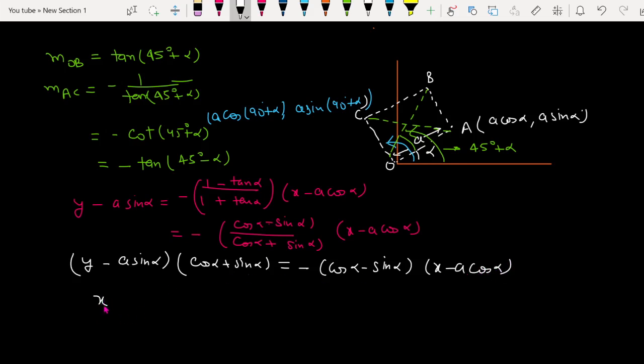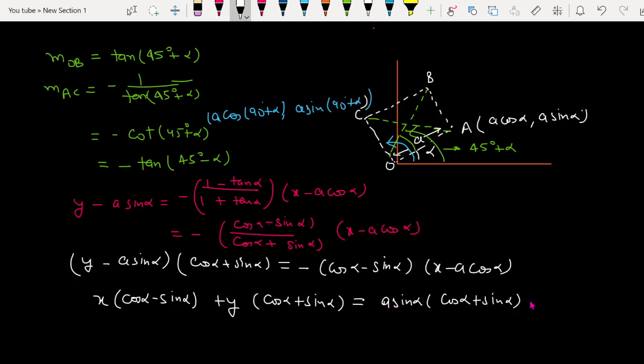So with x I'm getting (cos alpha minus sin alpha), plus y, with y I'm getting (cos alpha plus sin alpha), and the remaining things I'm taking to the right hand side, which is A sin alpha into (cos alpha plus sin alpha), and then the remaining thing is plus A cos alpha, sorry, it will be plus, I think, into (cos alpha minus sin alpha).